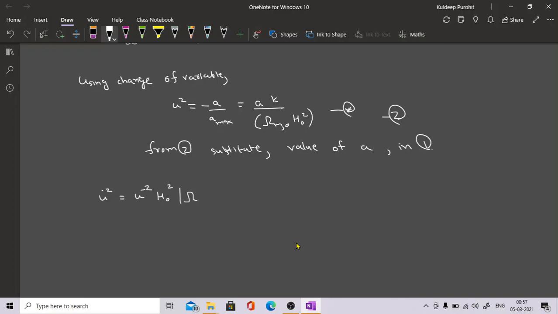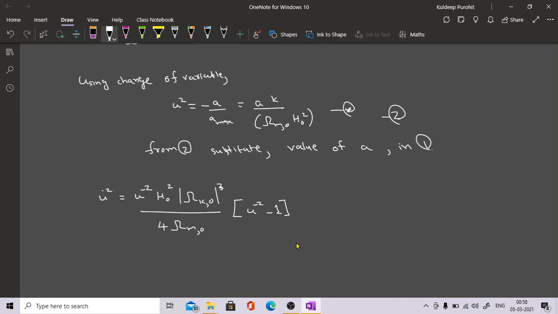We are interested in only the magnitude of this thing. So you will have the cube divided by 4 into omega m0, u minus 1. Okay, so this will be the case.